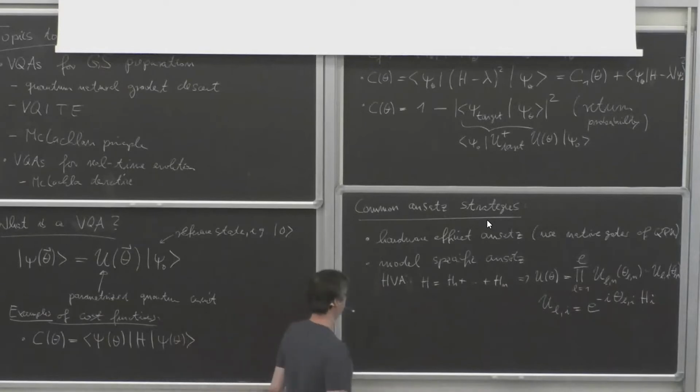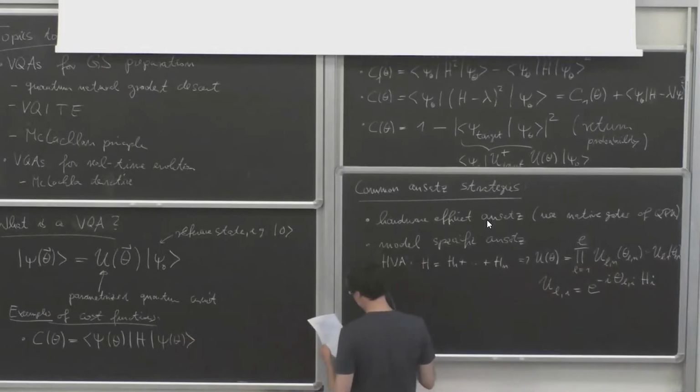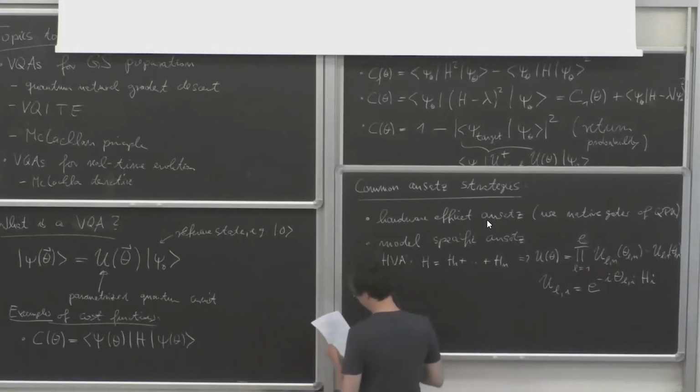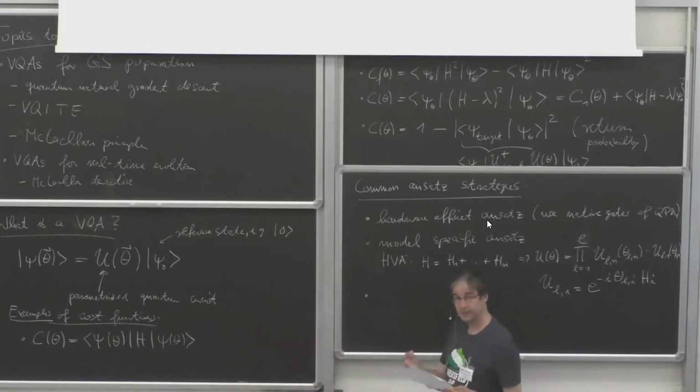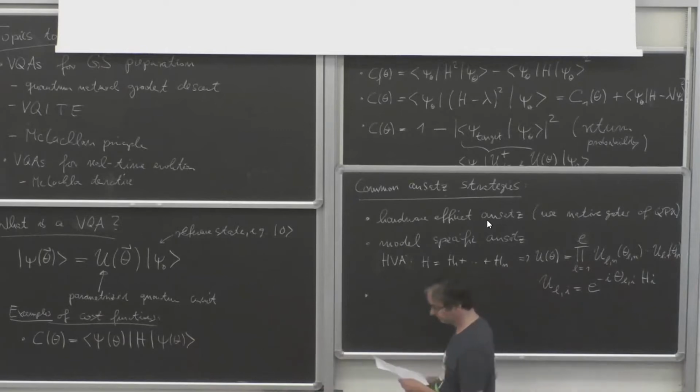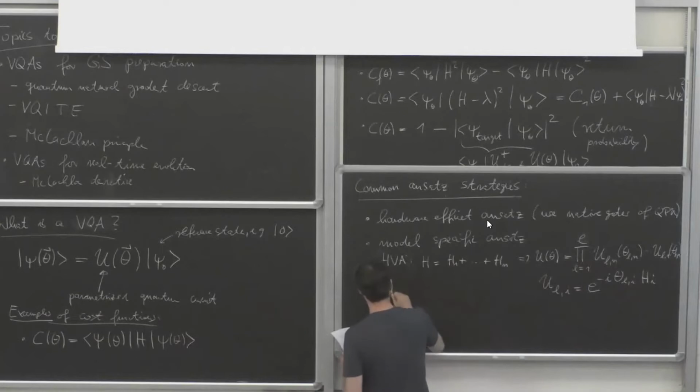Okay, then the third ansatz strategy that I want to mention is that you can also have the ansatz grow dynamically during the optimization and let the computer decide, according to some criteria, how to append to the ansatz as you perform the optimization. That's called adaptive ansatz strategy.